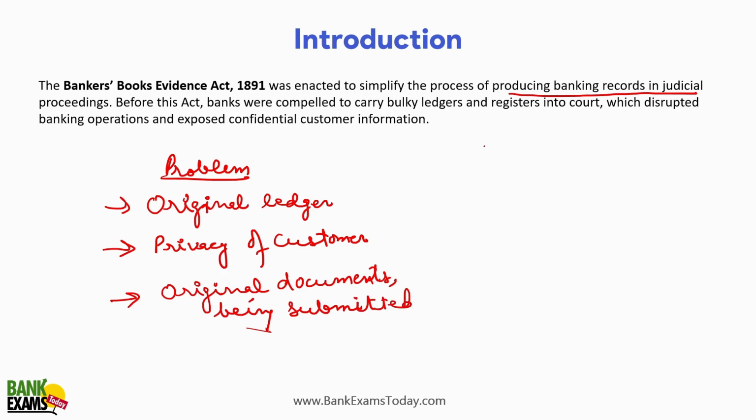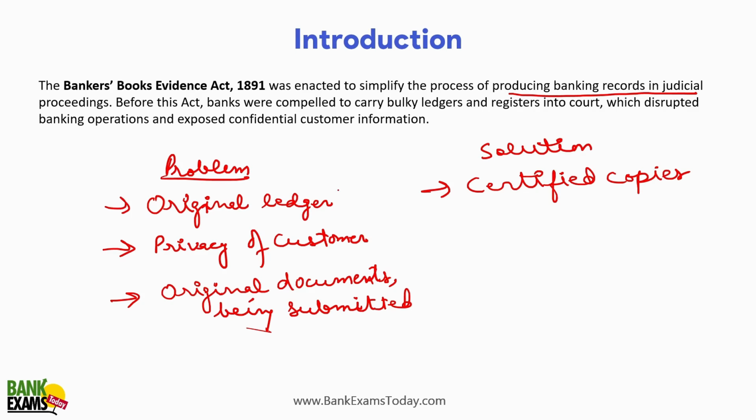So these were some of the issues. So what are the solutions provided by this law? The first solution, certified copies. Certified copies means the copies are signed by the branch manager or the authorized person. So that is acceptable by the courts, right?